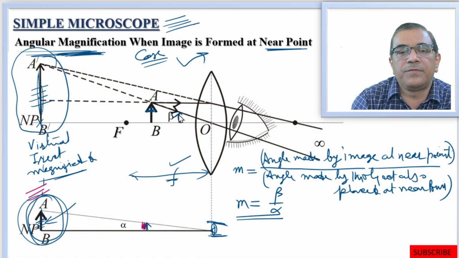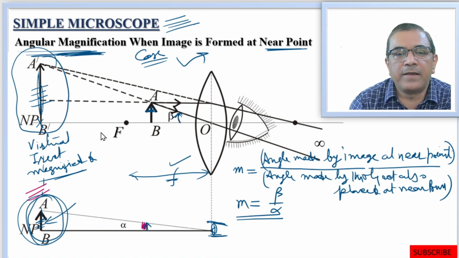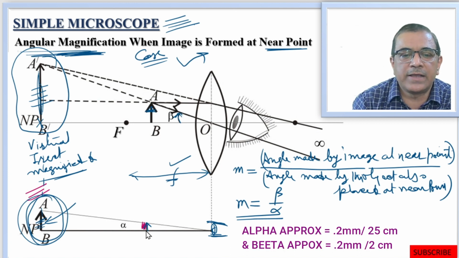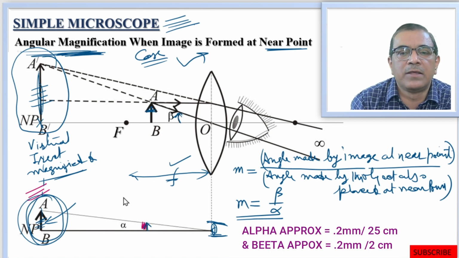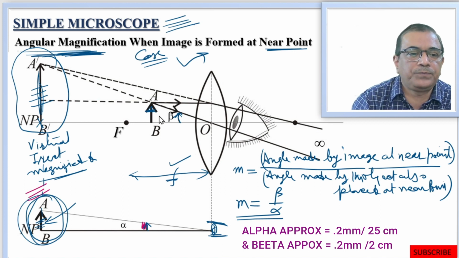Friends, do not get confused by the angles shown in the diagram. These angles in the diagram might appear to be 30 degrees, 40 degrees, or 20 degrees, but this is not the case. The sizes are too small, and hence the angles alpha and beta are also very small.